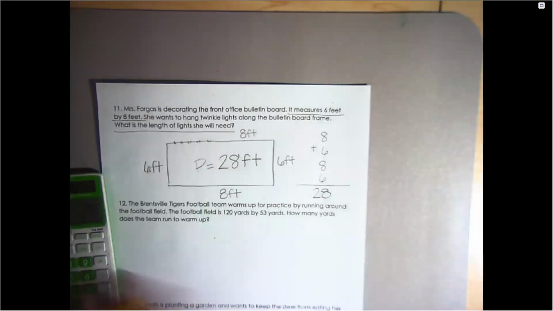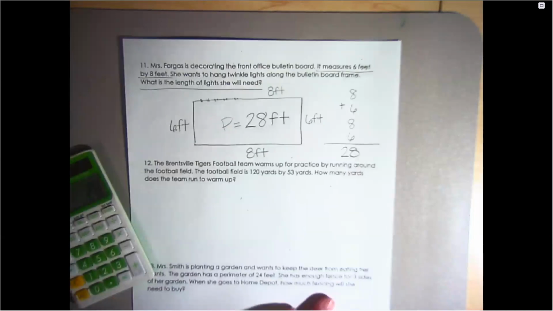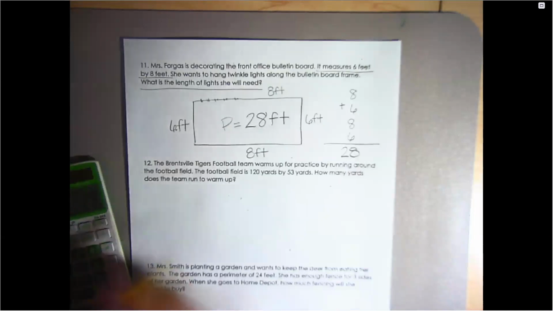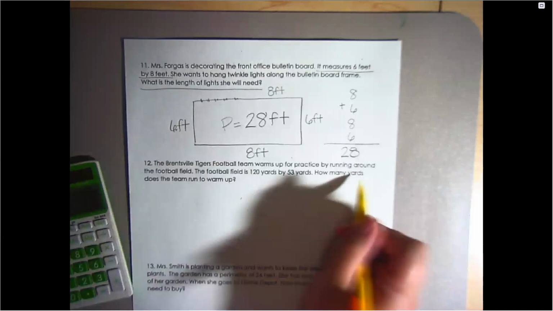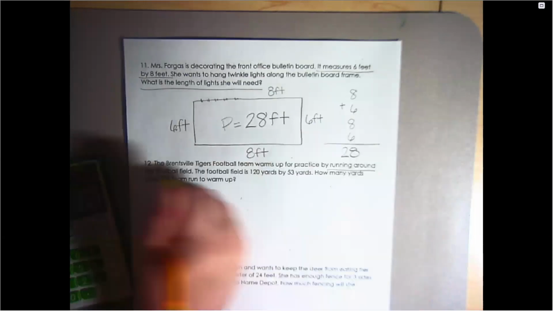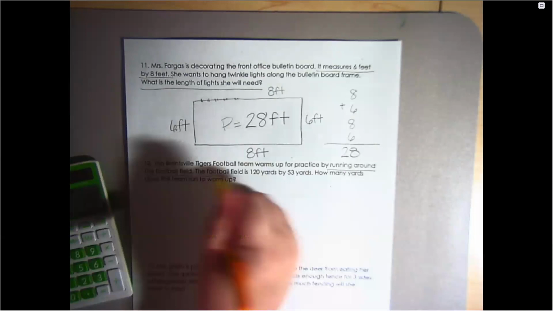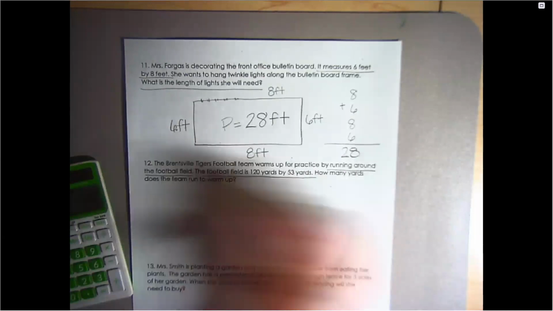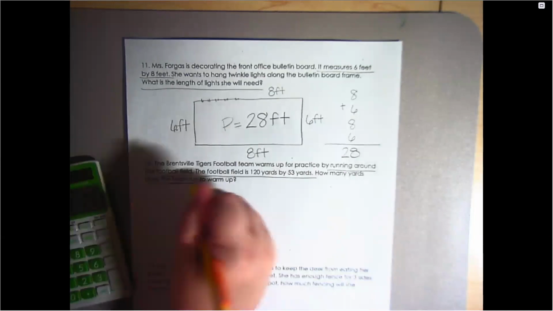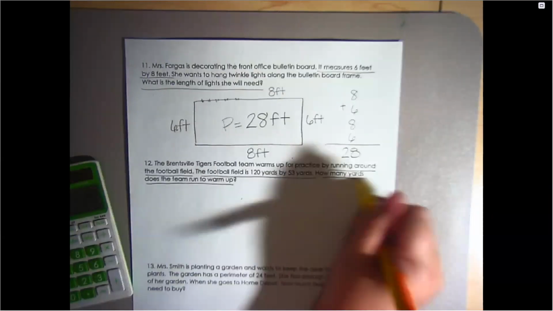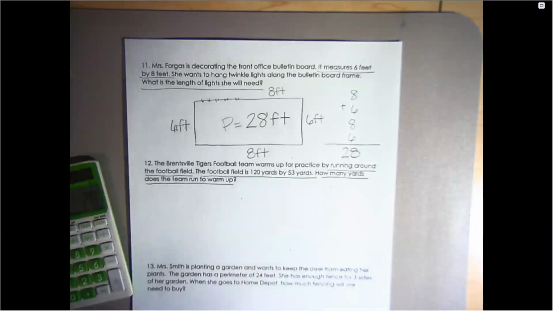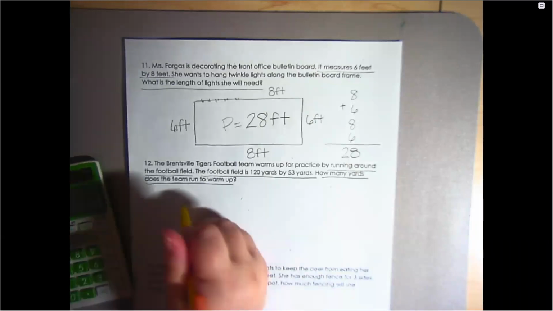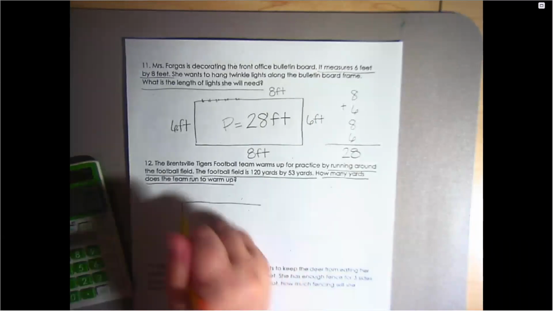Number 12 says the Brentfield Tigers football team warms up for practice by running around the football field. And it says the football field is 120 yards by 53 yards. So the question is, how many yards will the team run to warm up? So I'm going to go ahead and draw a picture of their football field.